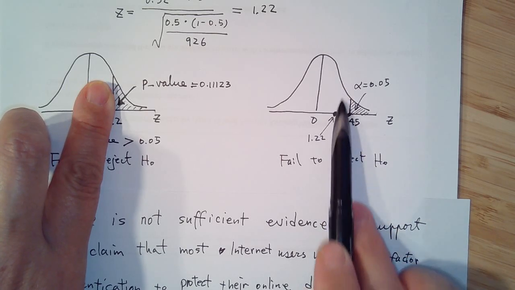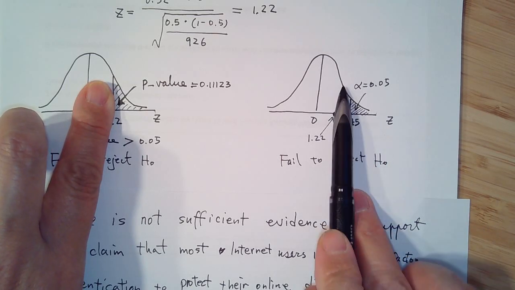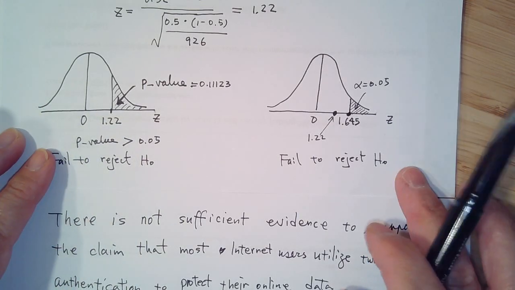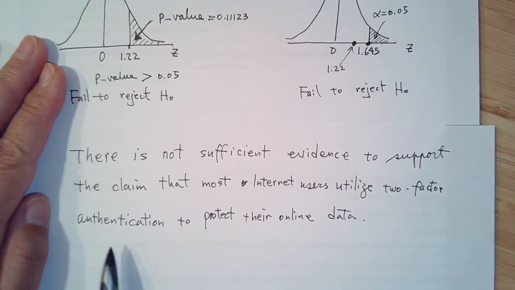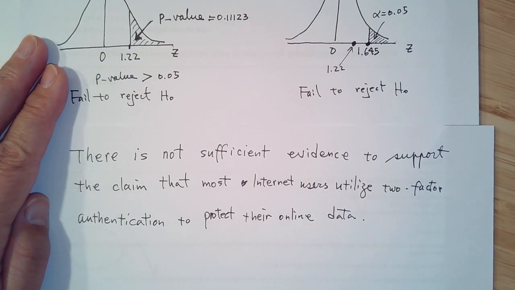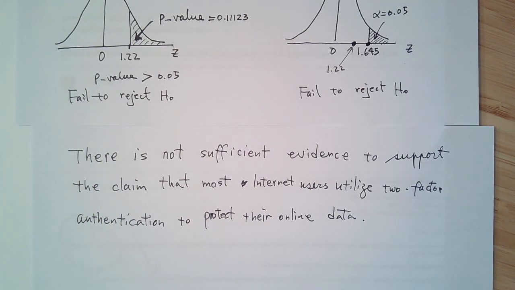From this point to the right, that area is greater than 0.05, right? So that's why these two methods are equivalent to each other. And then your answer is complete after you answer the question in words. Okay? So that's this question, and that's this example.